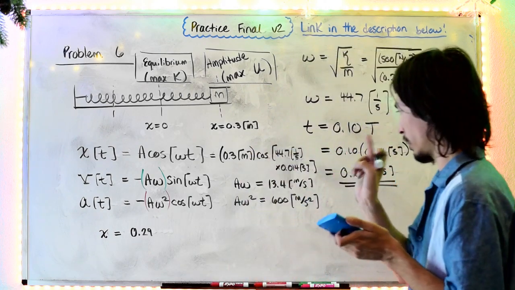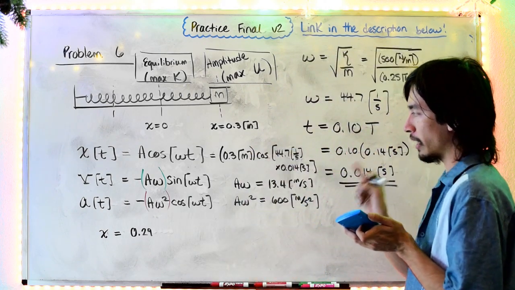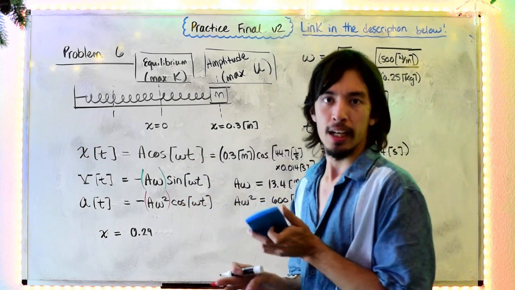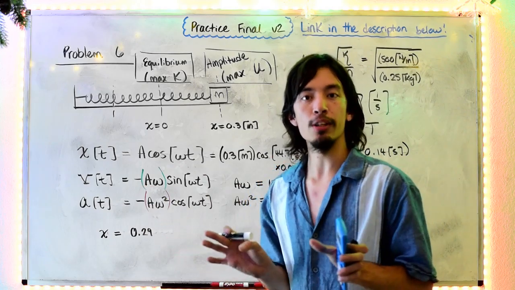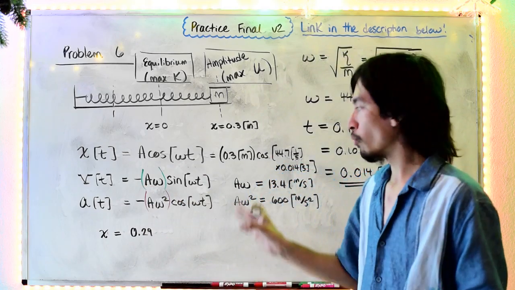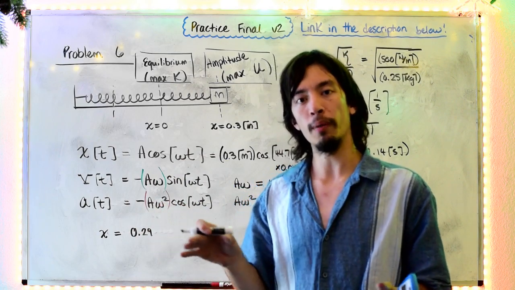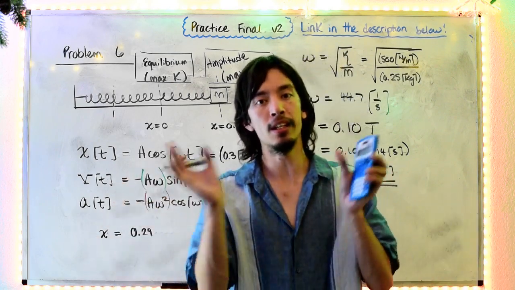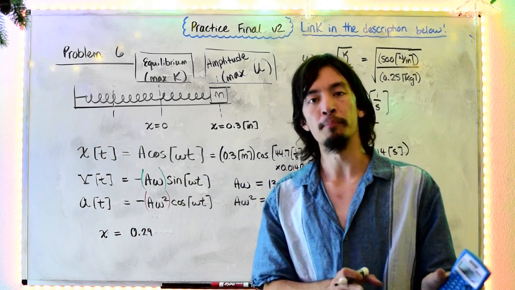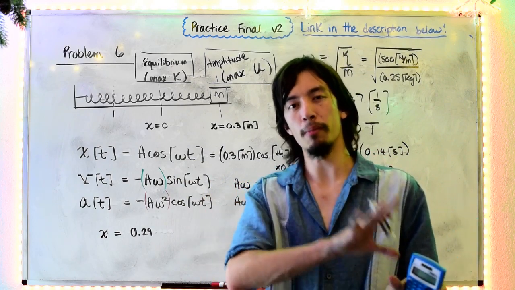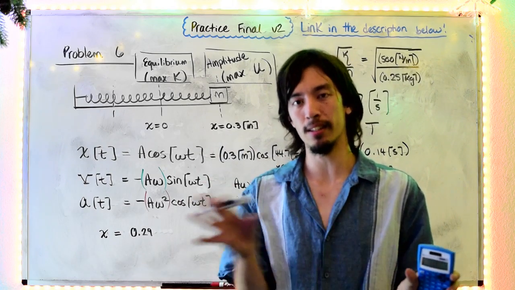So when you plug in these values, the thing is that plugging in omega times t does not yield degrees, it yields radians. So when you do this, you have to either convert it to degrees, or I would just suggest putting your calculator in radian mode. But the thing with that is that you have to be careful to switch it back and forth between degrees and radians.